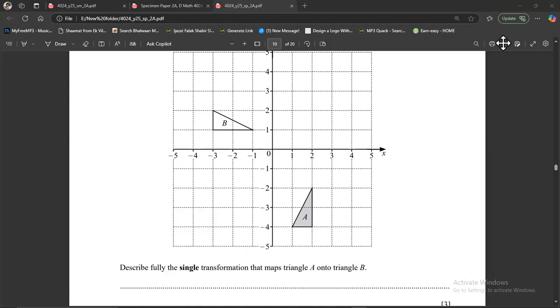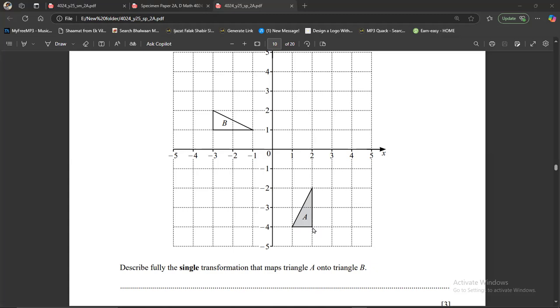For example, this point and this point is the same point in the image and the object, and you can join them with a line and then draw the perpendicular bisector of that line.